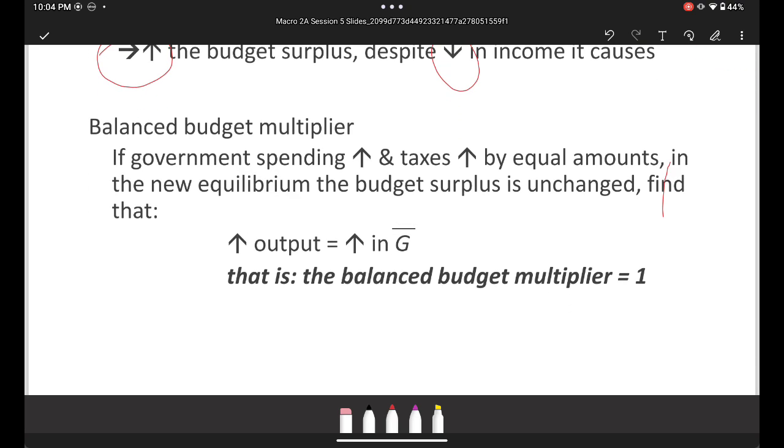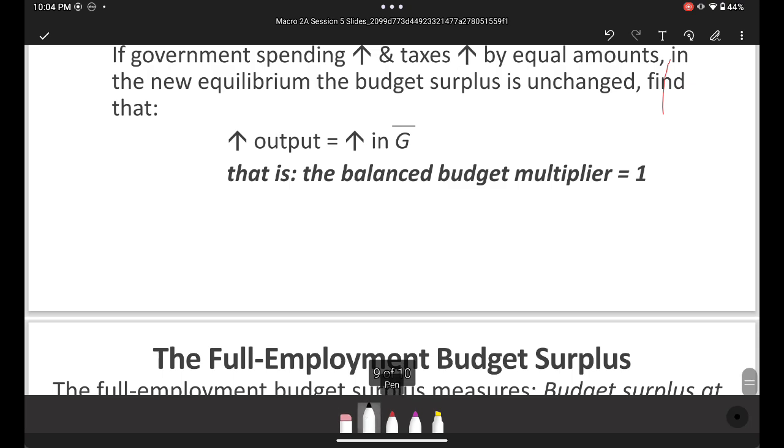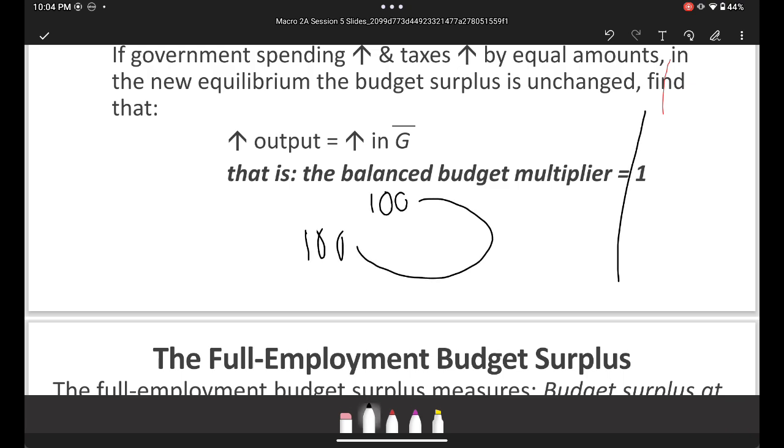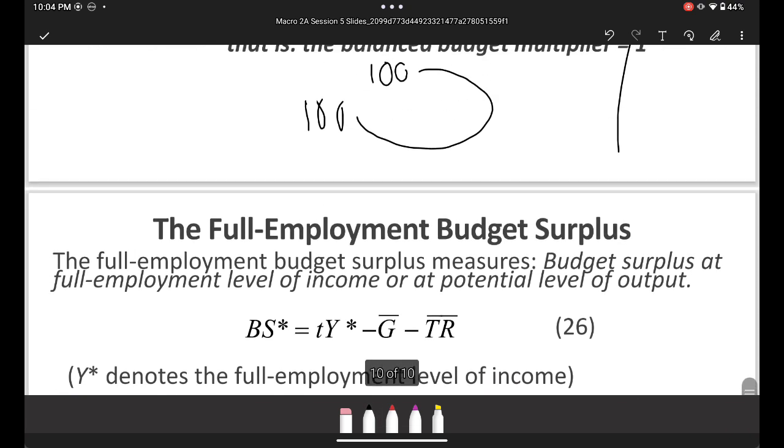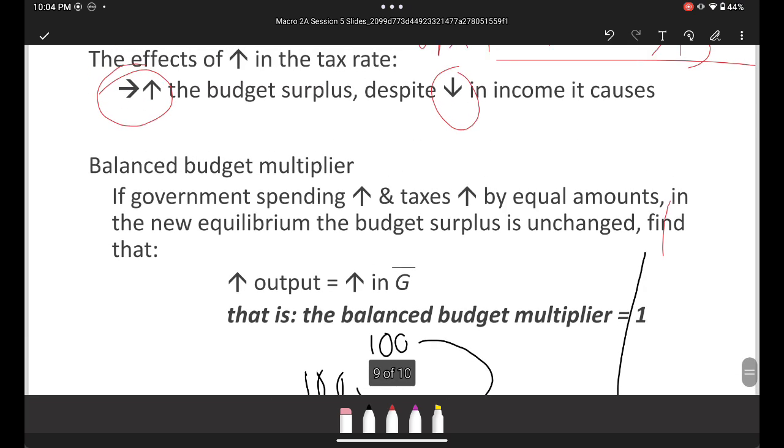Balanced budget. Now, what is a balanced budget? So you know how I told you, the government puts in 100 rand, and then the tax is 100 rand. So the budget surplus is 0, like it doesn't change. That's it basically. So the definition of this: if the government spending and taxes are the same, taxes is tax collected.